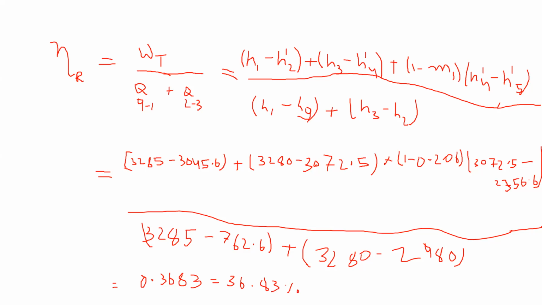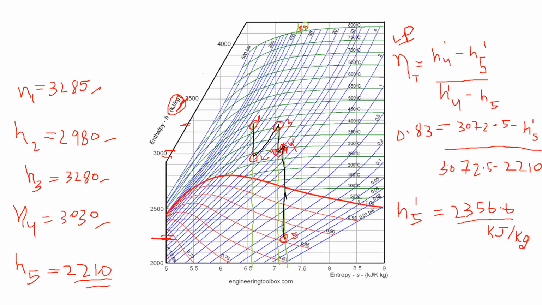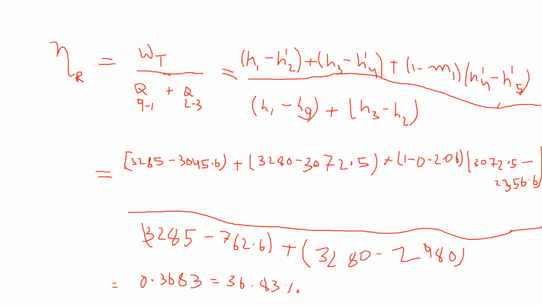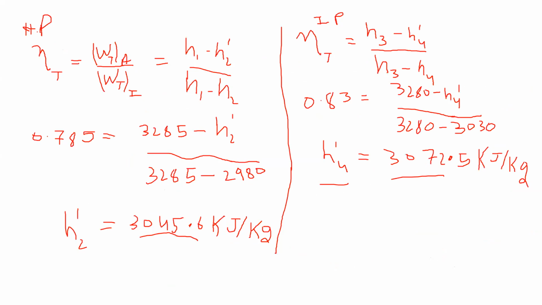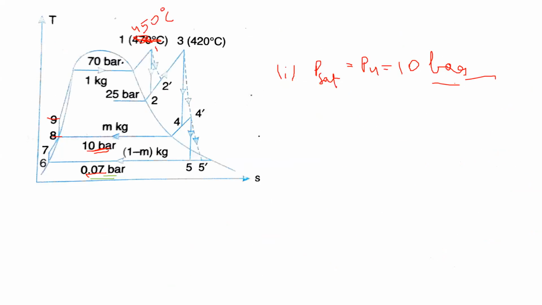This is all about your problem. I have found the efficiency also. Efficiency is equal to 36.83 percent, and the mass of the steam taken from the turbine is 0.206 kg, at a pressure of 10 bar.